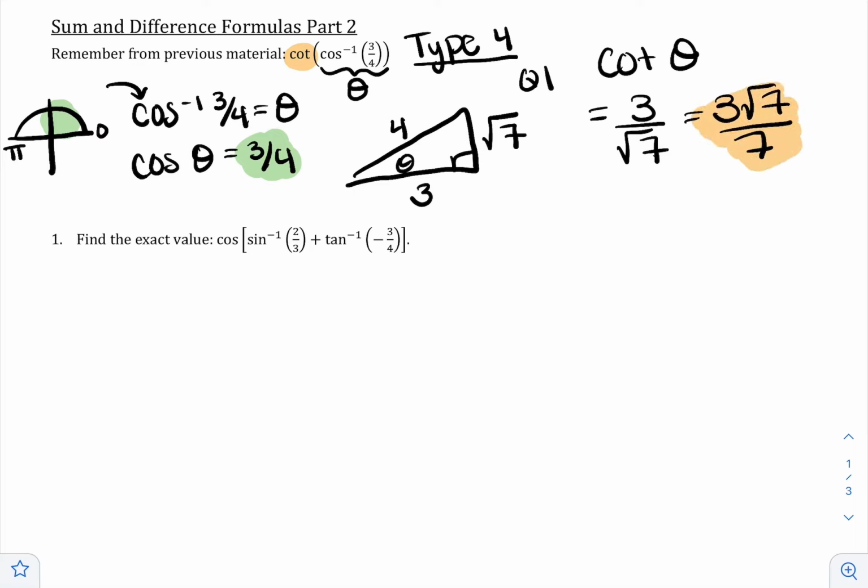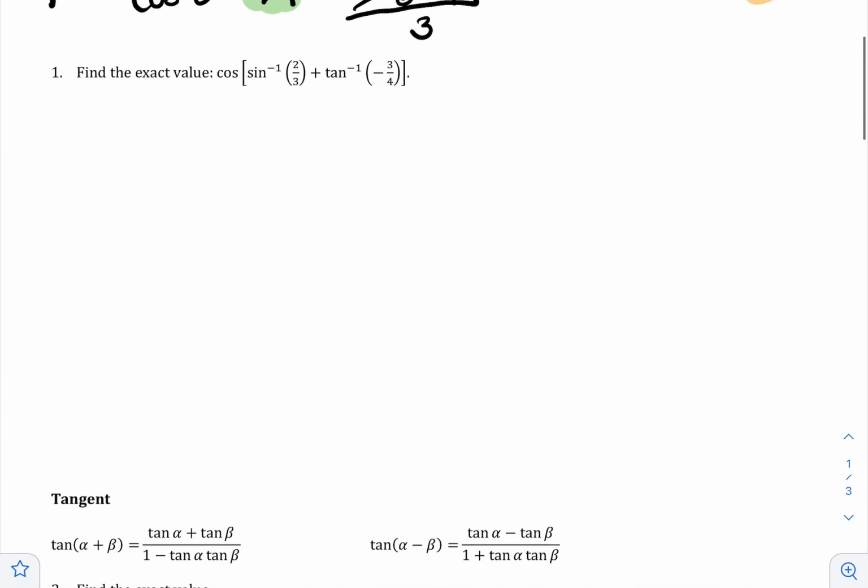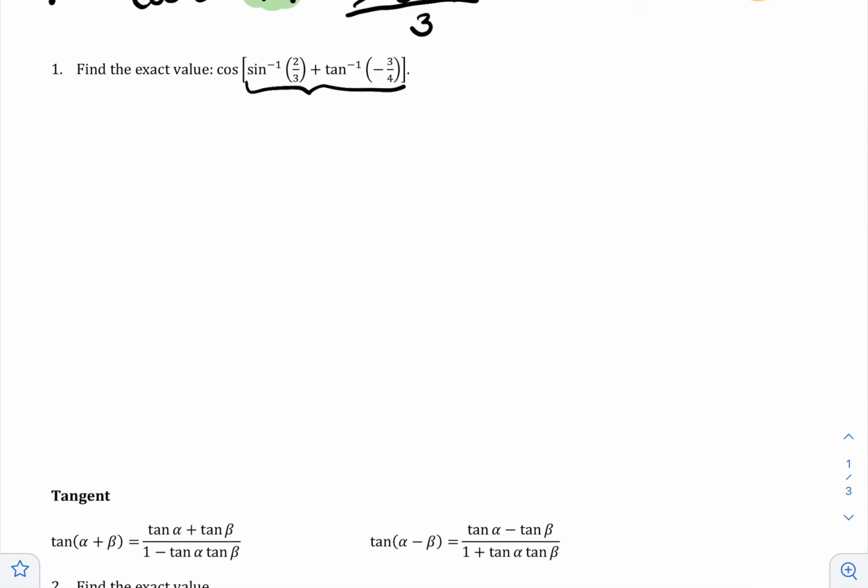So now what we're going to do, and the reason I wanted to review this, is because we're going to take this and combine it with the sum and difference formulas. So if you take a look, this is a composition. This part is the inside, and this part is the outside. So what we're going to do first is look at the inside, because anytime you do compositions, you do inside out.